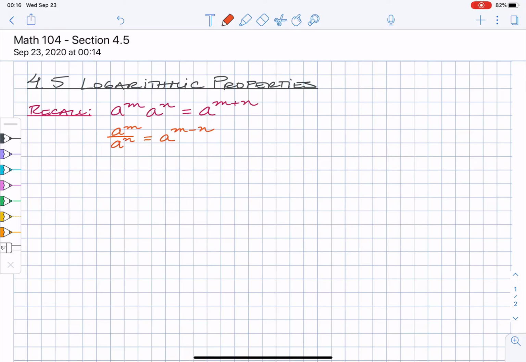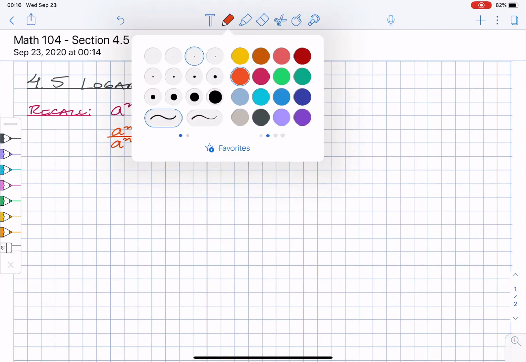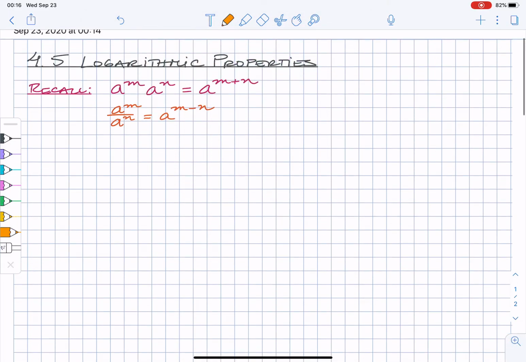That is top exponent minus bottom exponent. And if I have a to the m raised to the n, that's going to be a to the m times n. So these are some properties of exponents I want us to recall.